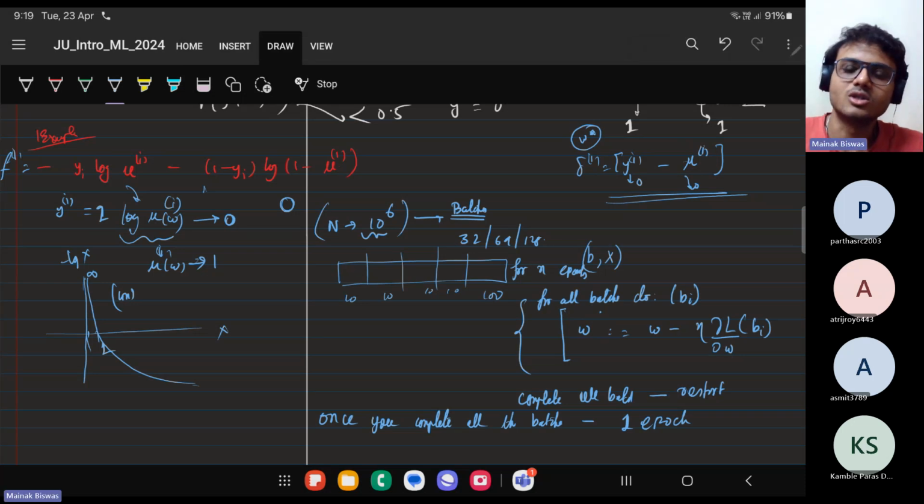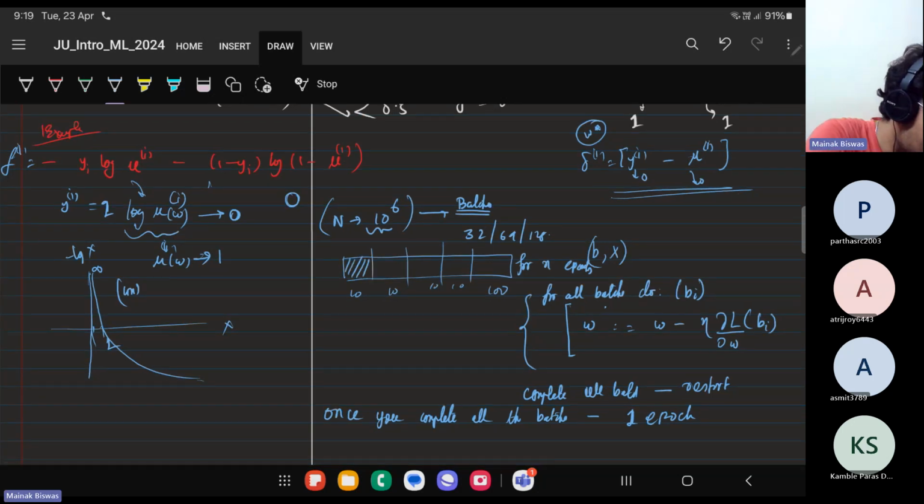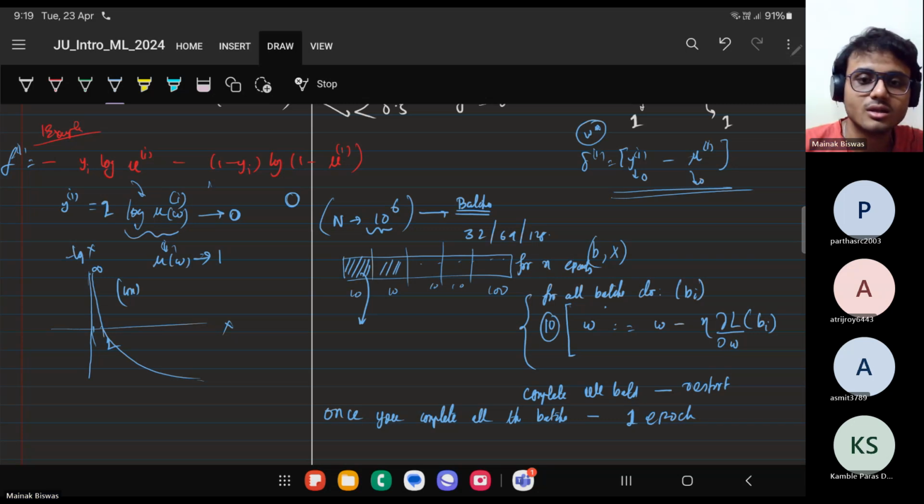This is called one epoch. Generally, you measure how many epochs you train your model on. So the first gradient descent step you will do on this batch, then on this, and this. So you will do say 10 steps of gradient descent, and you will then complete one epoch.